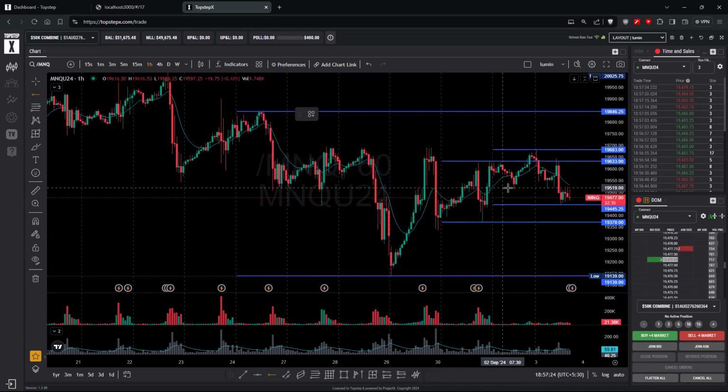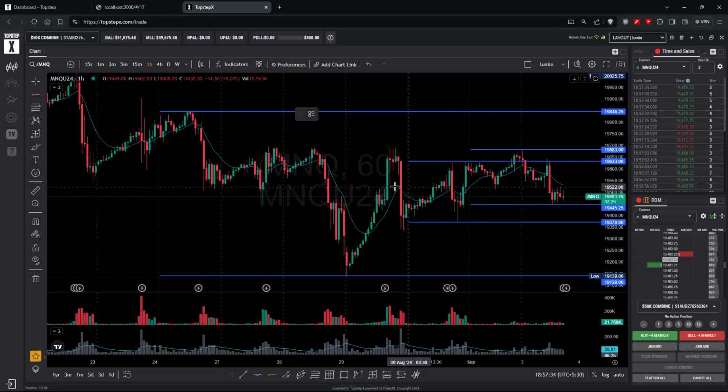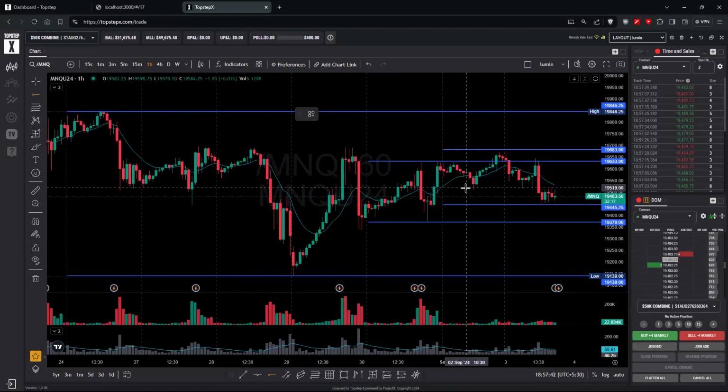So how to precisely draw it? What I consider is I take into account the latest rejections when I draw my level. All of these rejections are around the same level, but I have to draw a line. I don't want to draw a zone. So I like to draw my lines where the most recent rejection has happened.